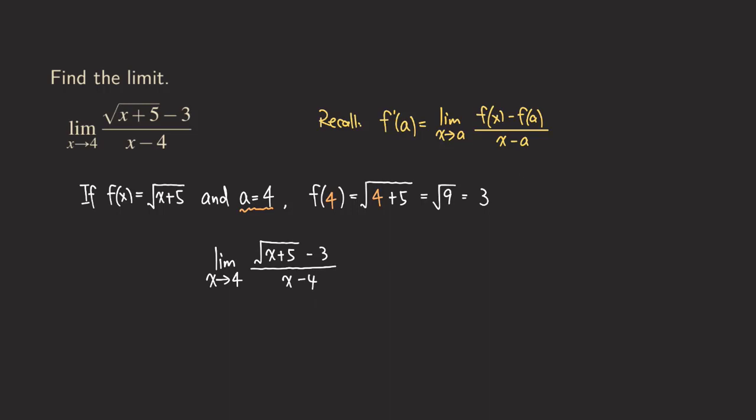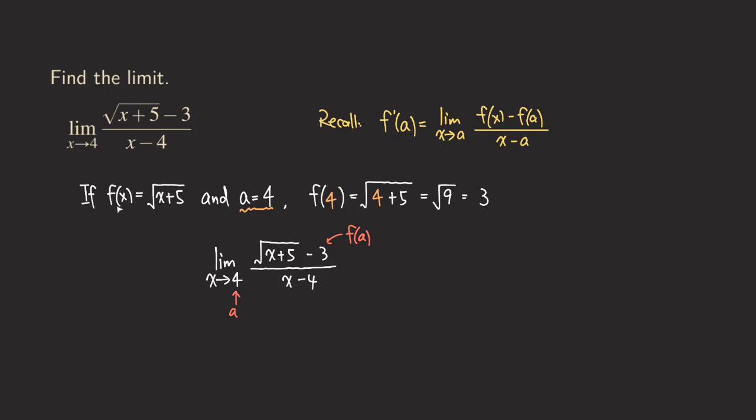So now we can try to match it. X is approaching 4, so 4 is really just the same thing as a. And when we plug the 4 into our function, we have f of a here. So this 3 right here is f of a.